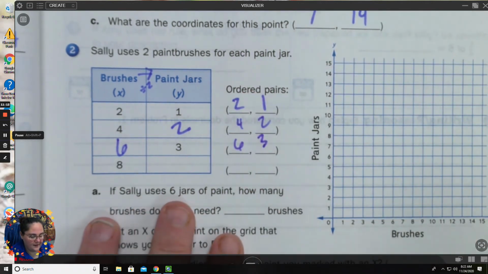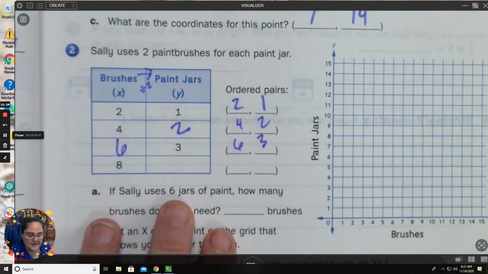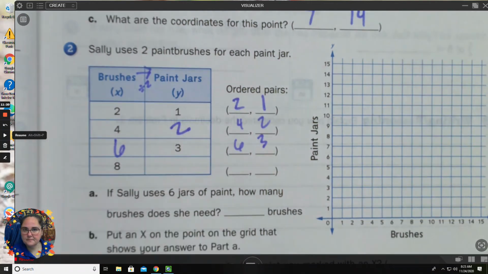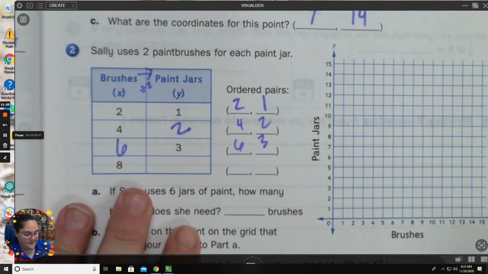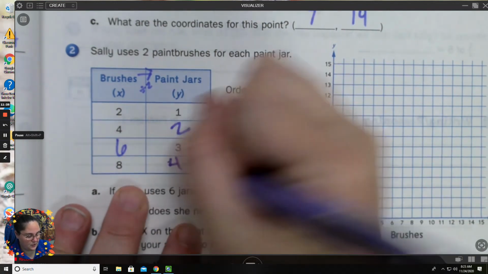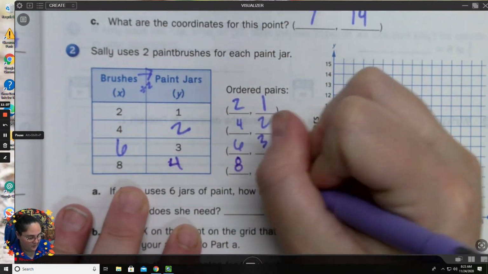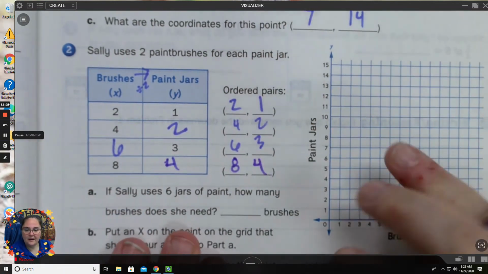What is my final answer for the last one? If Sally uses 8 paint brushes, how many paint jars will that count for? For 8 brushes, I'm going to divide by 2. That would cover 4 jars. So my ordered pair would be 8, 4. All right, I'm going to graph.